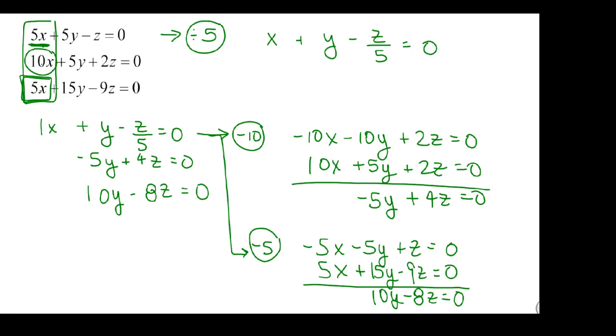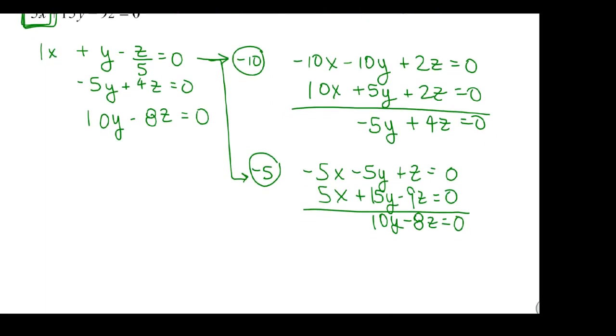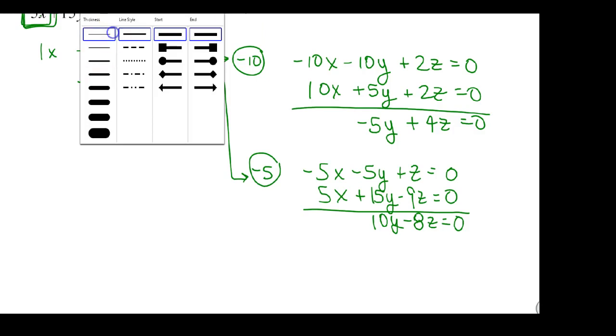So I've completed the first iteration. In the second iteration, I move over to column 2, and I want the coefficient of the y term in row 2 to be a 1. To get 1s, we divide.